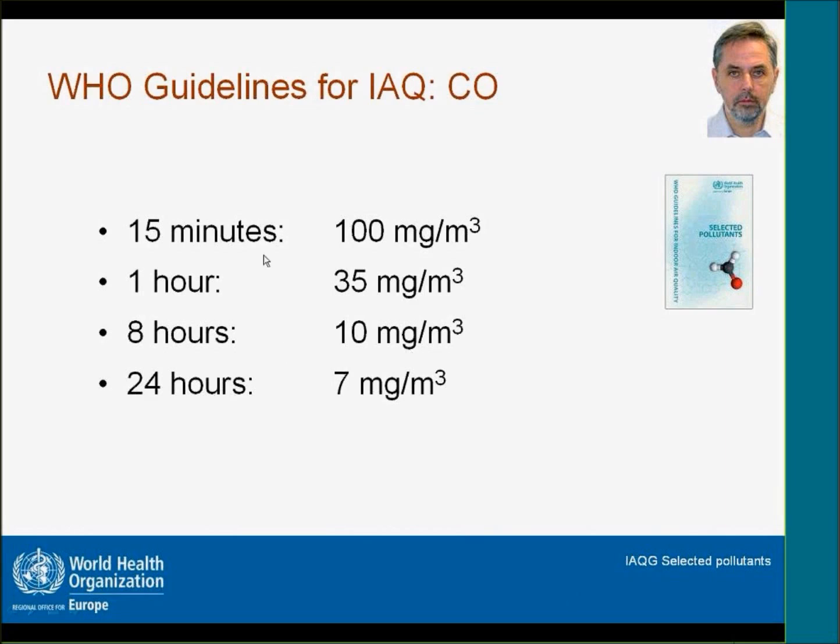Besides the old and well-known levels for relatively short-term exposures, preventing accidental poisoning, we also created a guideline for long-term exposure, because a level of 7 milligrams per cubic meter is not uncommon in houses and may create more chronic health effects.